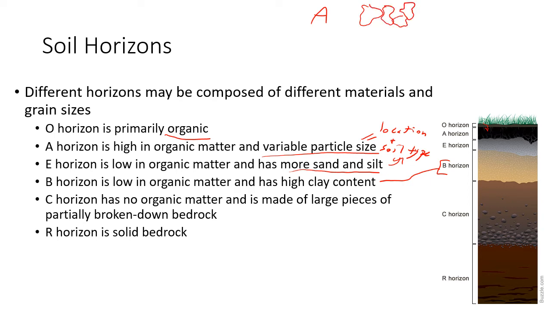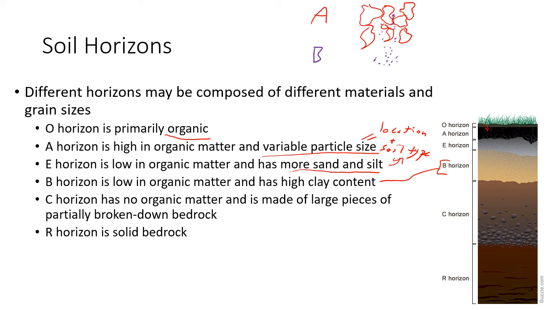They are going to allow very small particles, I'll do that in a different color, like purple, they're going to allow very small particles like clay to filter down between the nooks and crannies of the sand and go into the B horizon. Okay, so the B horizon is going to be mostly clay because that small, fine clay is going to get washed through the large pore sizes, the large hole spaces between the particles of sand.